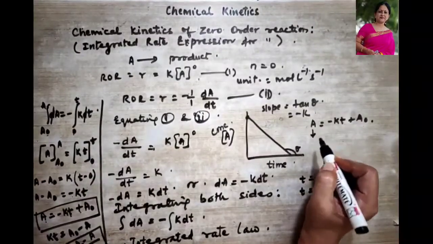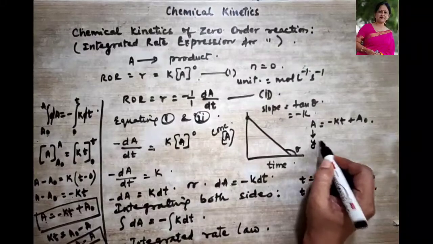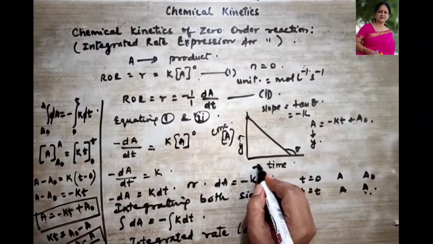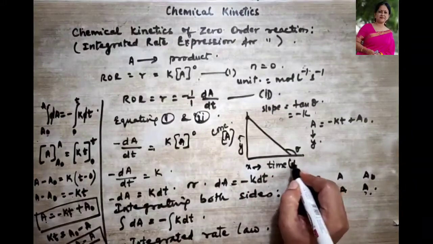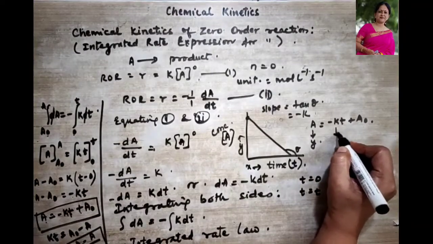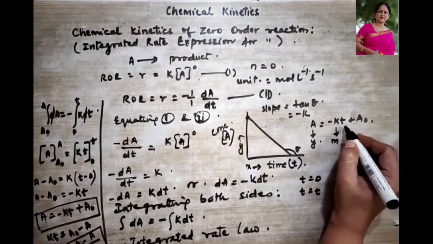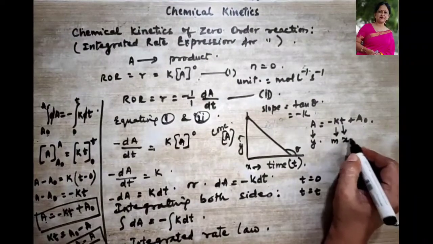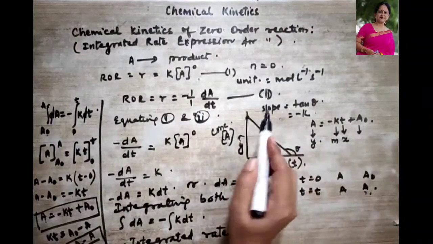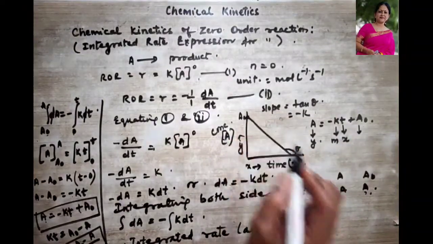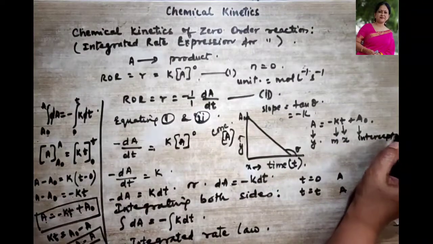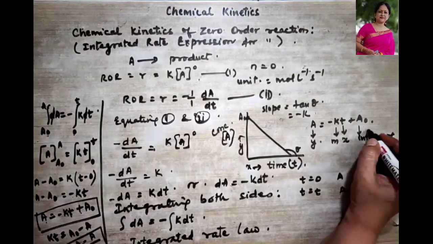So this A is your y-axis. This is your x-axis. Correct? So next, what is this? k. This is your m. What is your t? It is your x, time. And what is your A naught? This is your A naught, the intercept, that is the c.